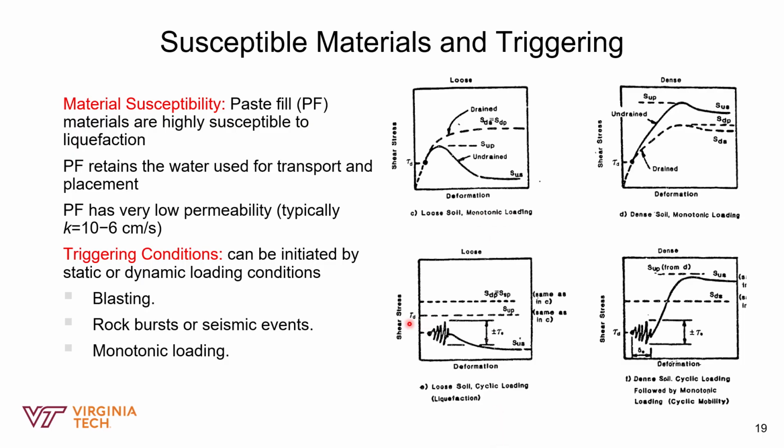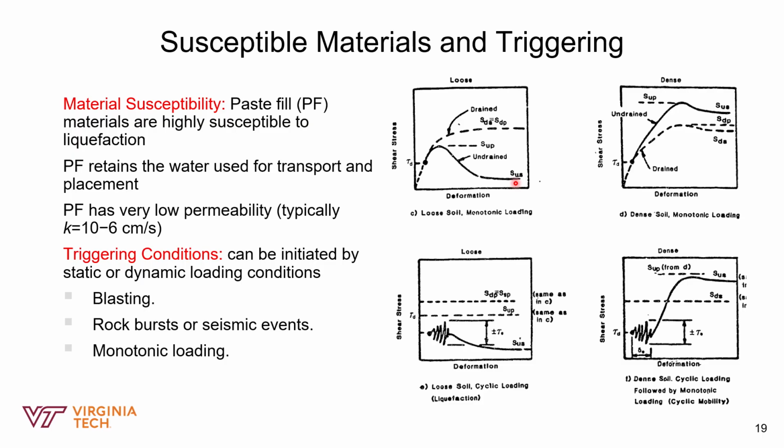For the loose soil, the material is contractive, which means that it tends to decrease in volume when sheared. So under monotonic loading, the material flows and the shear stress drops sharply to the undrained steady state shear strength, which is the SUS.